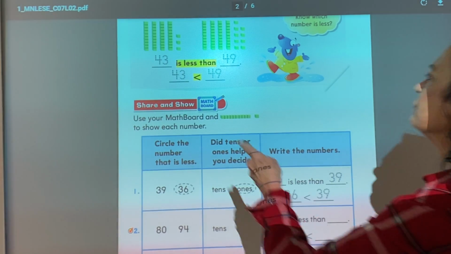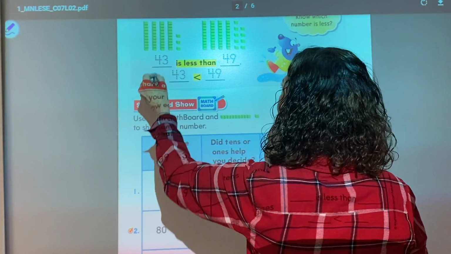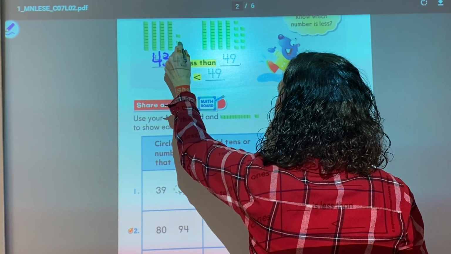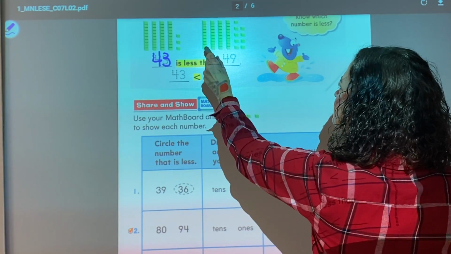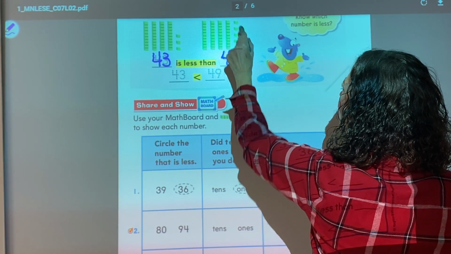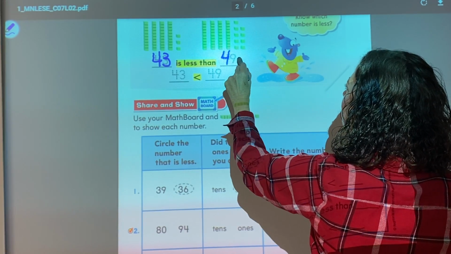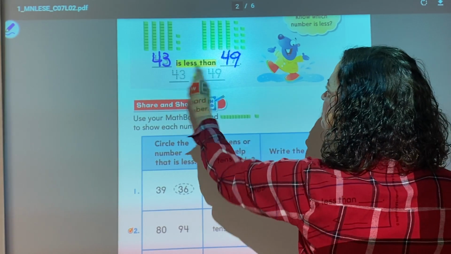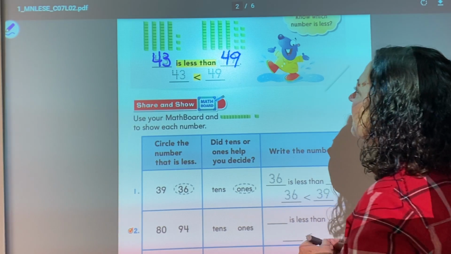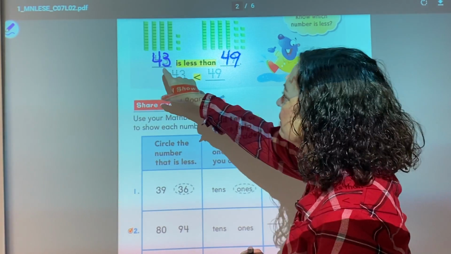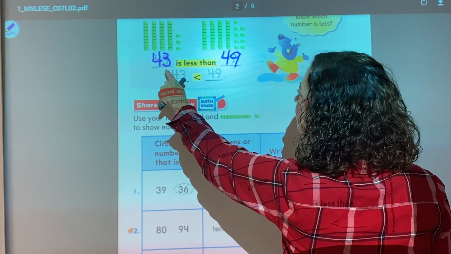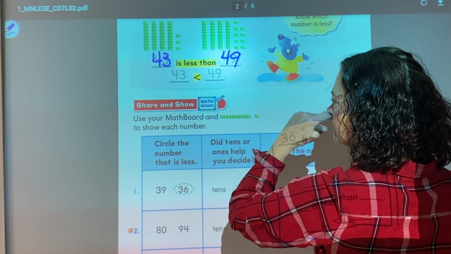So we have the numbers 43 and 49. 10, 20, 30, 40, 1, 2, 3, and 10, 20, 30, 40, 1, 2, 3, 4, 5, 6, 7, 8, 9. Well, the tens place numbers are the same, so I move on to the ones place. And I see that 43 is less than 49 because 3 is less than 9 in the ones place.